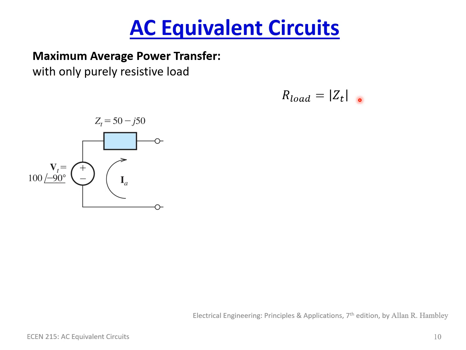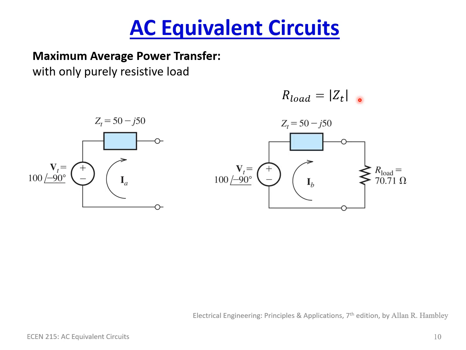If we take the magnitude, which is 50 squared plus 50 squared, and take the square root of that, we end up with 70.71 ohms. So if I put a resistor out here, I will get the maximum average power transfer using a resistor only. No capacitor, no inductor, just purely resistive, when R load is equal to 70.71.